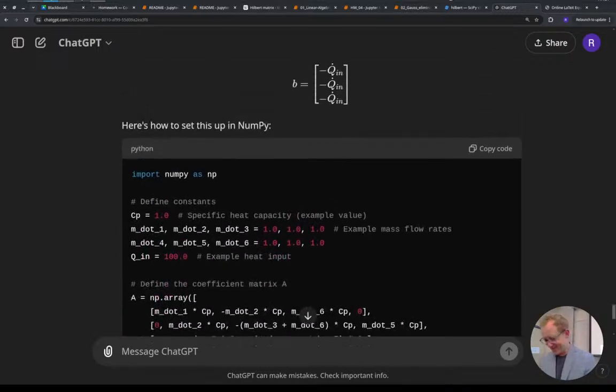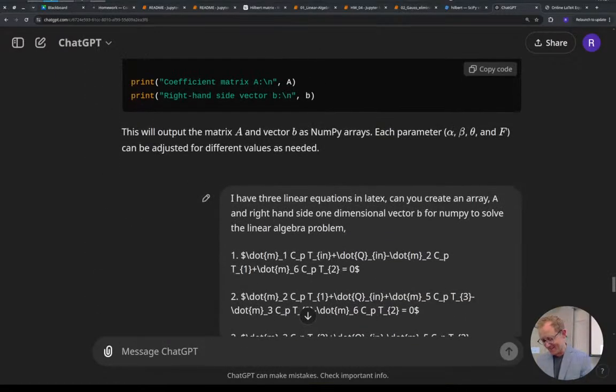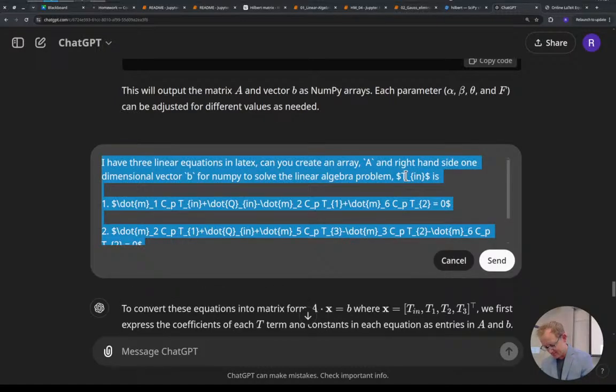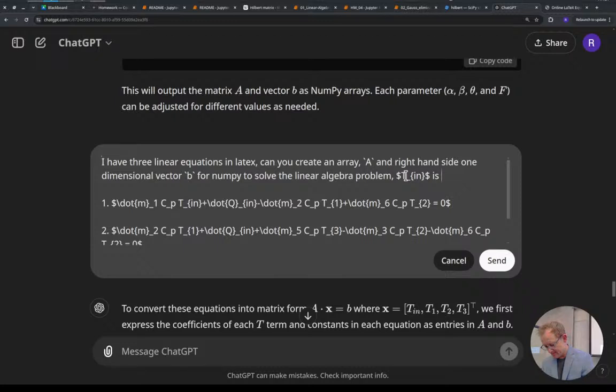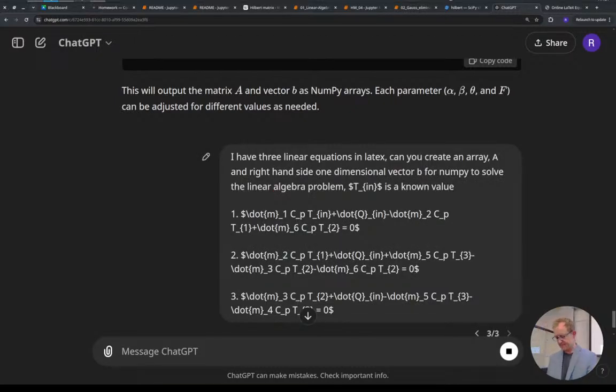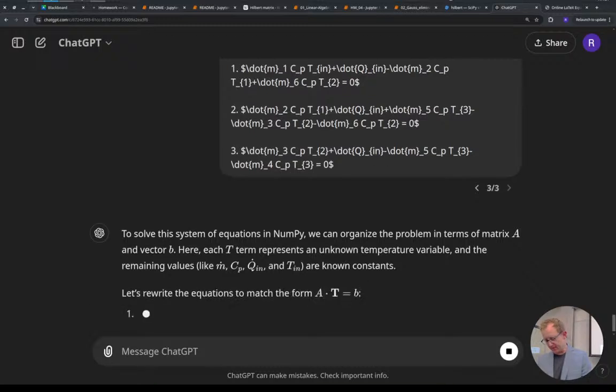So I guess then we'd have to go back and say, all right, look, T_in is a known value. So maybe now it'll figure it out.